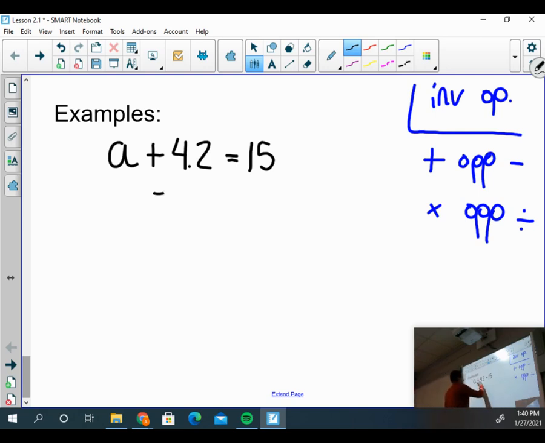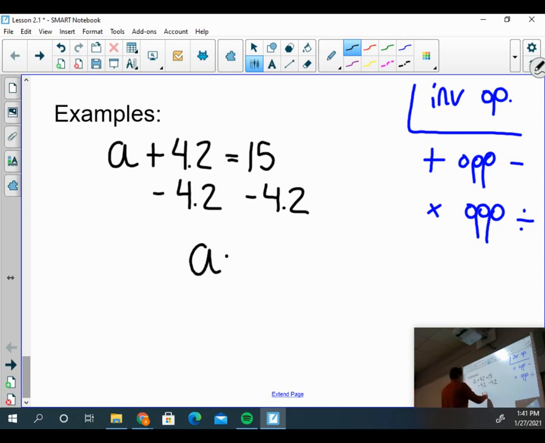So to get A by itself, I will subtract 4.2 from both sides. Again, I'm doing that because there's a positive 4.2. So if I want to zero it out, so to speak, I must take away 4.2 from the left side. But what I do to one side, I must do to the other. So I subtract 4.2 from both sides.